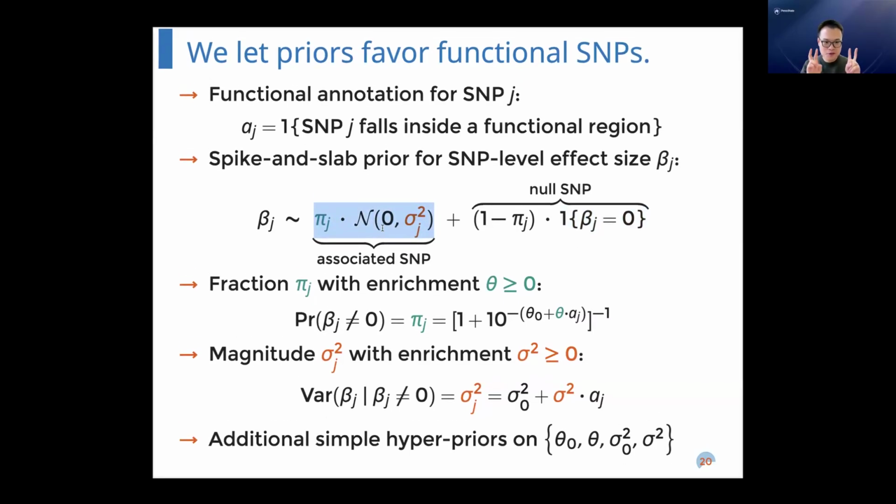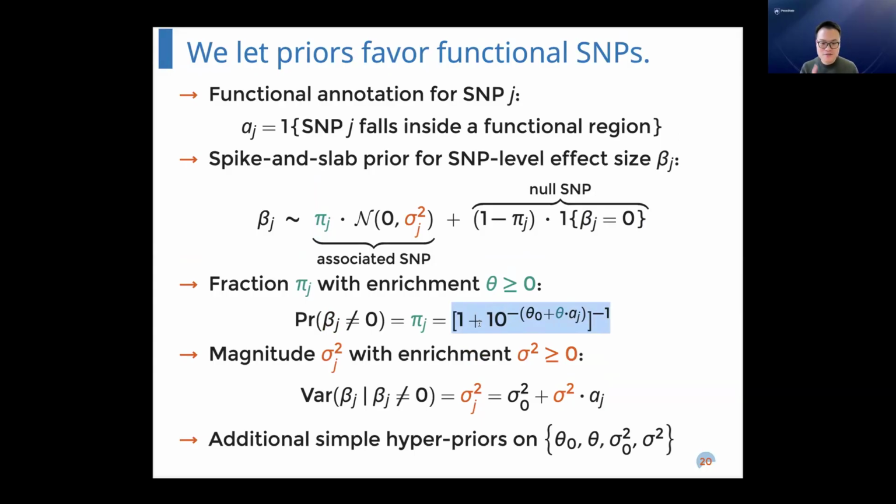In the first component, there are two things that I can control. The first is pi j. So pi j is the prior association probability for SNP-J with a given GWAS phenotype. If pi j equals 1, then that tells me, okay, that SNP-J is going to be associated with the phenotype for sure. So I'm modeling pi j as a logistic function, as you can see here, and it's a function of AJ. By writing down this logistic function, I'm actually getting a very nice pattern called enrichment.